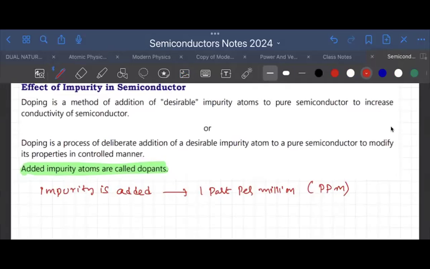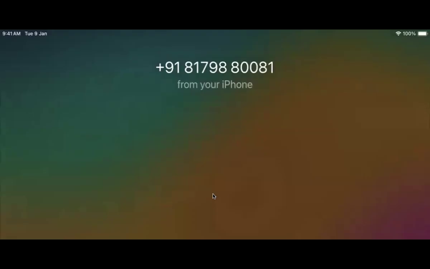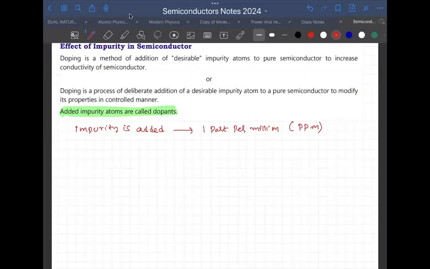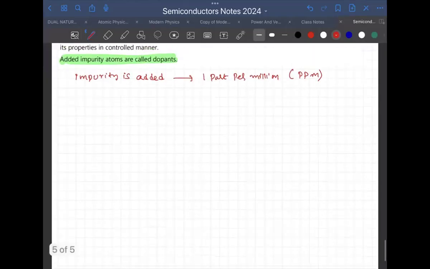For every 10 to the power of 6 pure atoms, one impurity atom. Now, in this particular case, we should follow some rules. I'll mention them very clearly now, and this is a must-and-should condition. Whoever adds impurity should accept these conditions.